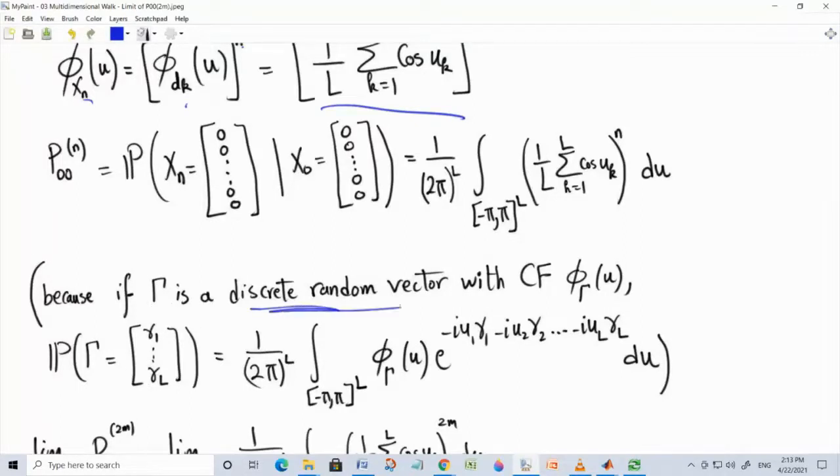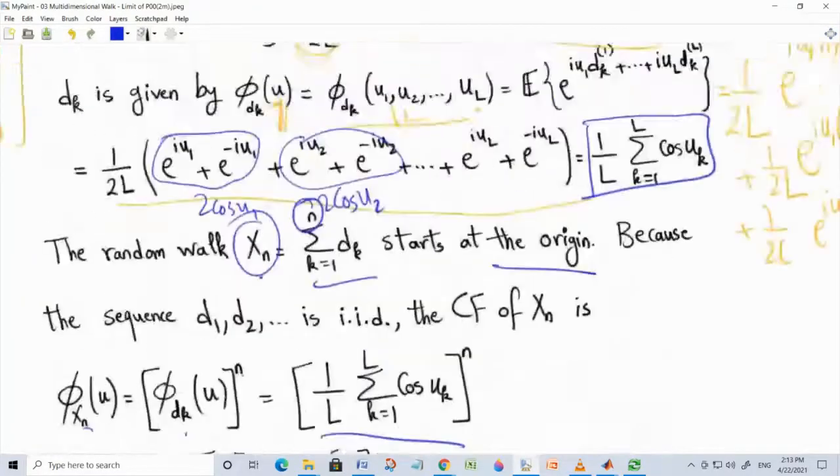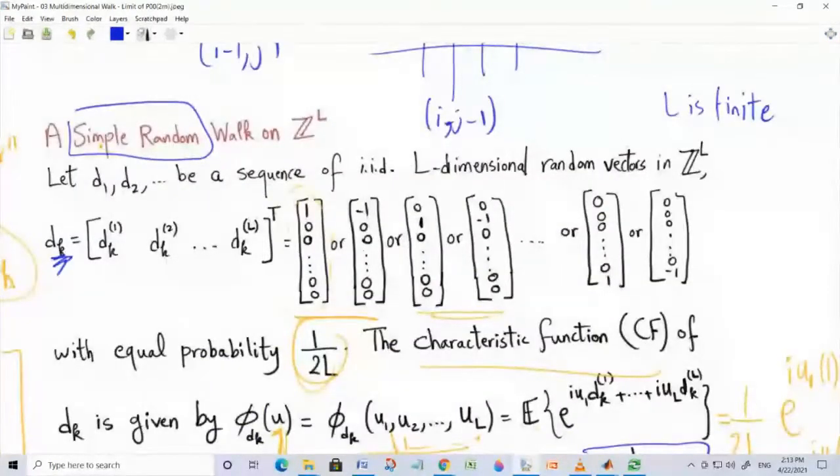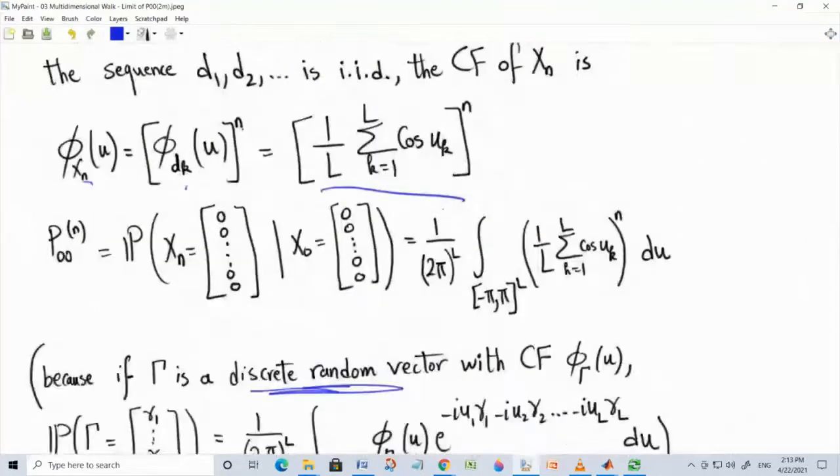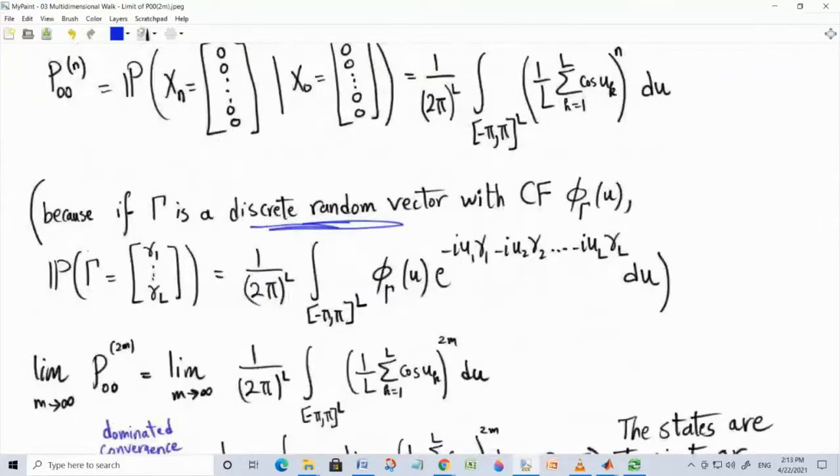If you have a discrete random vector, where each component can be 0 or 1 or -1, and these are the 2L possibilities the vector can have, so in general, if the components are discrete random variables, then you can obtain a probability by integrating the characteristic function.